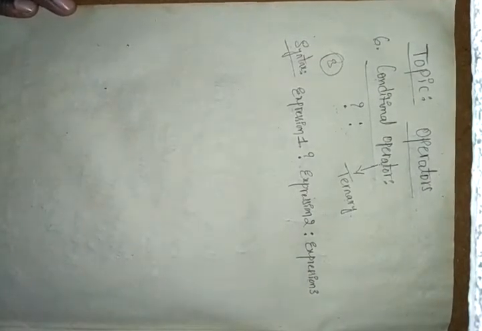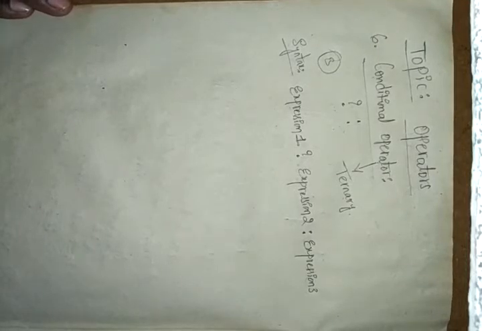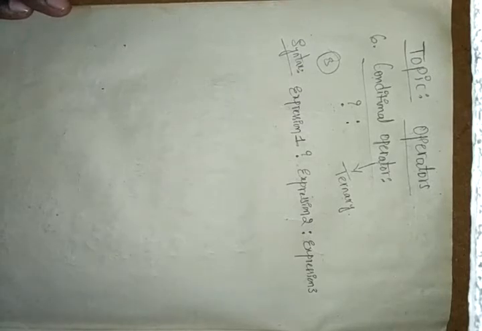So the conditional operator has 3 expressions, using the operators question mark and colon: expression 1 question mark, expression 2 colon, expression 3. We can also call this the ternary operator. The syntax will be like this.